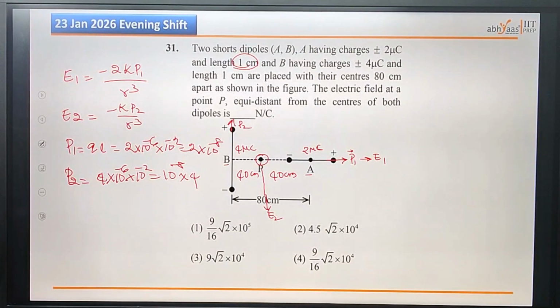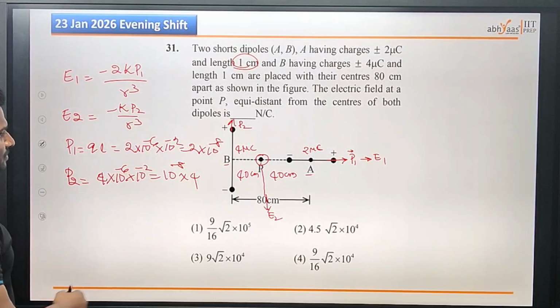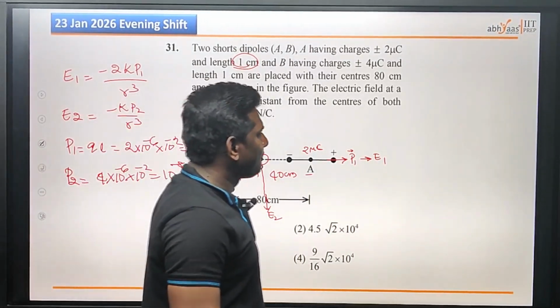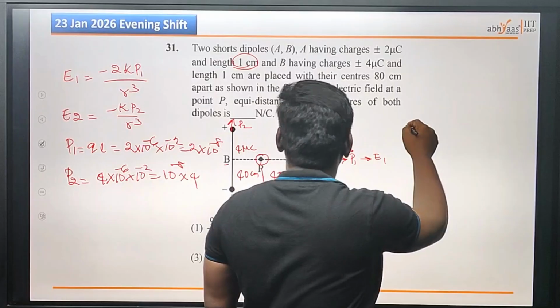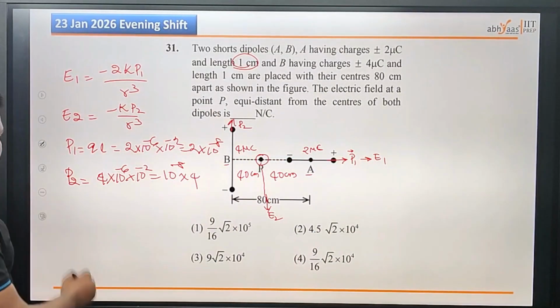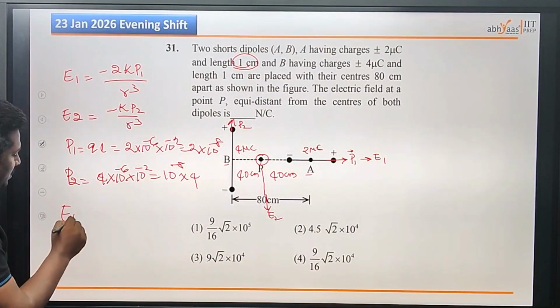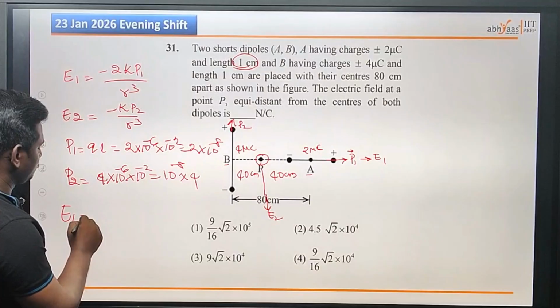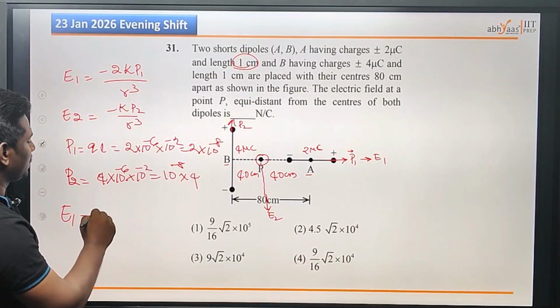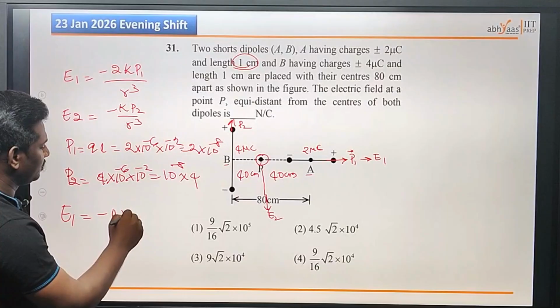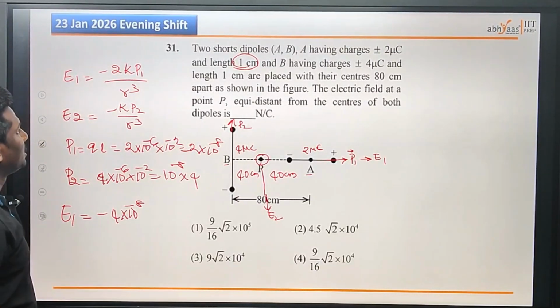So substitute in the equation E1, I am writing there. So E1 is minus 2 into 4 into 10 to the power minus 8.